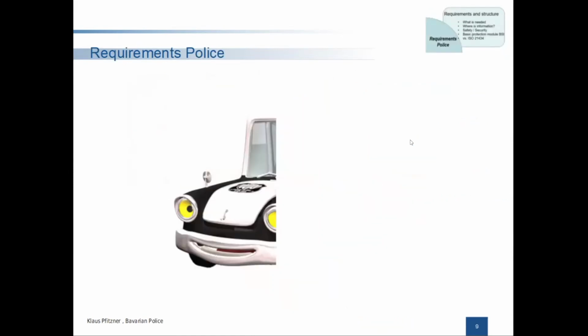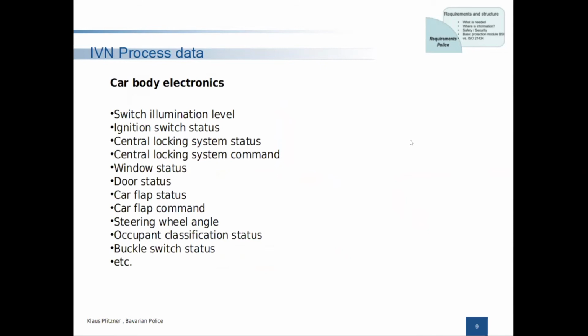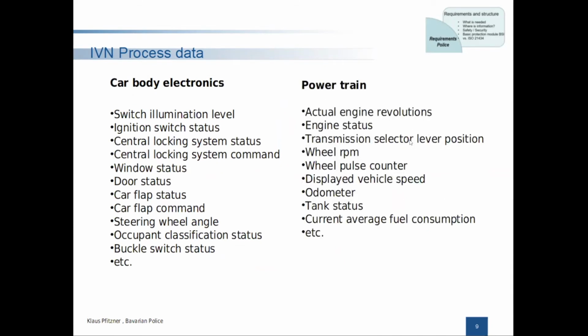Next, I will show you the requirements from our side. It's very simple. Our requirements: we would like to get different data, or we would like to trigger a function on the car, and we have built in our CiA 447 group different standards to achieve this. On the left side, you see different statuses or levels which we would like to get, like the central locking system or others.